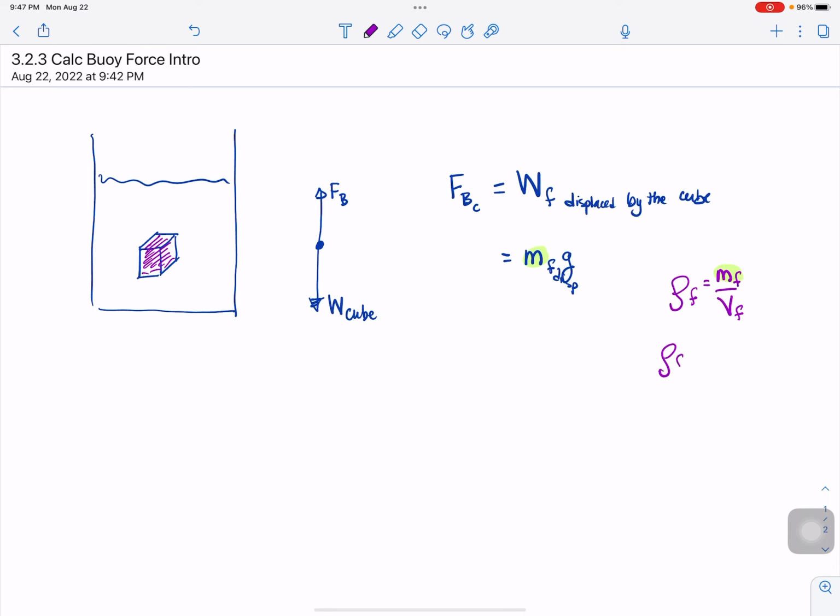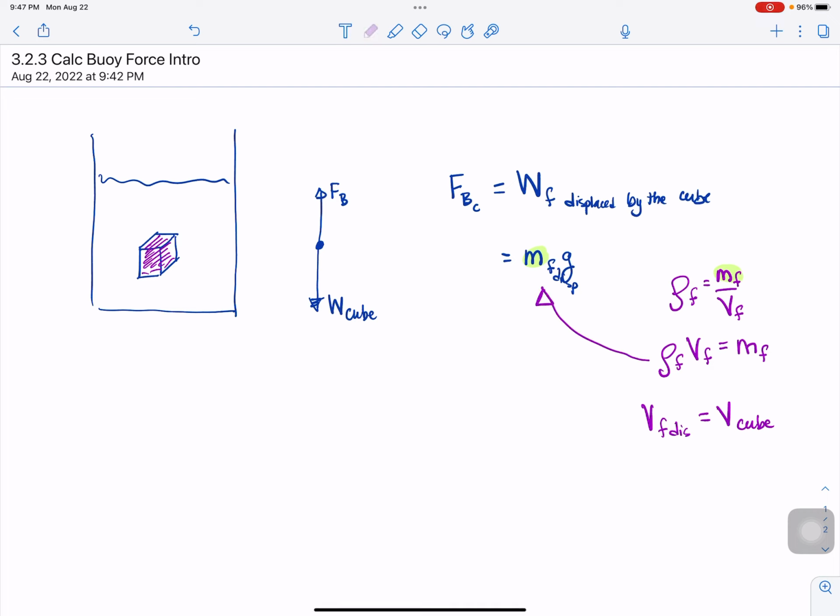We've got the density of the fluid times the volume of the fluid is equal to the mass of the fluid. And we need to do one more thing. We know that the volume of the fluid displaced is just equal to the volume of the cube. So what I colored in. And so we are going to substitute this into there.